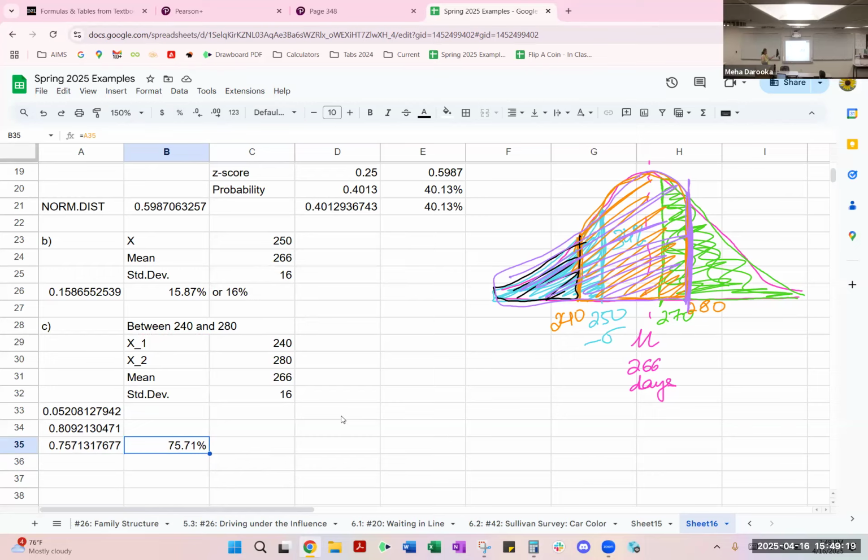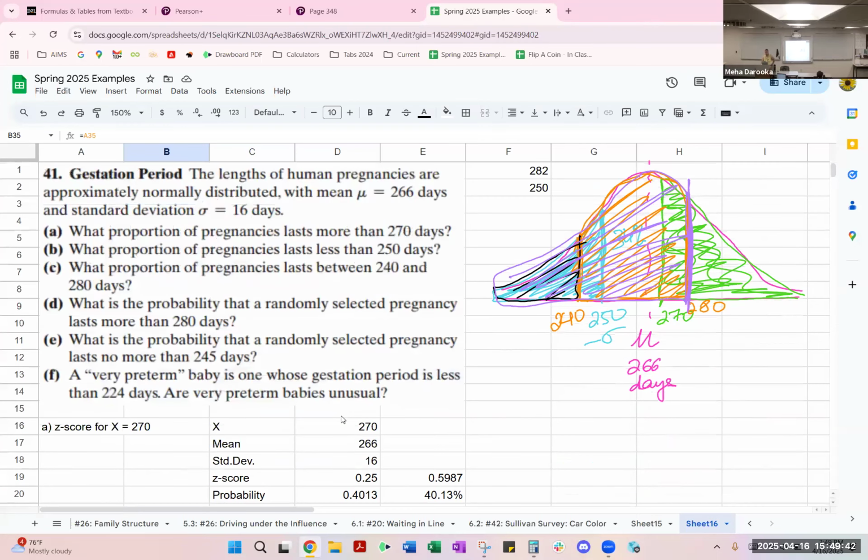So it comes out to be 0.7571, or approximately 75.71%. So we're saying if you randomly select human pregnancies, about 75% of them will take between 240 and 280 days of length. So this was part C.